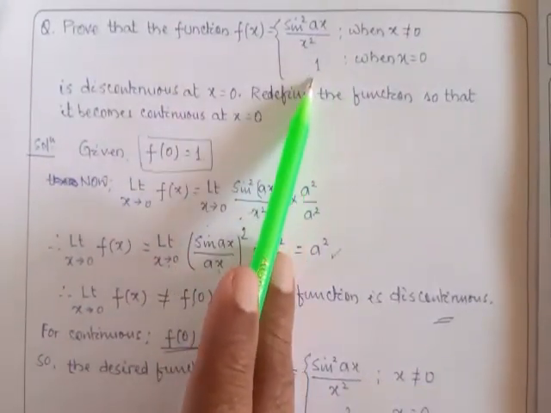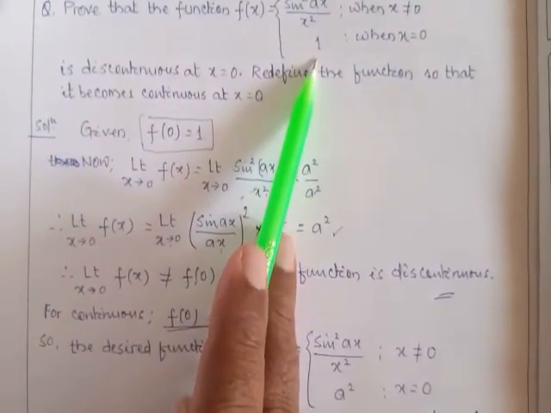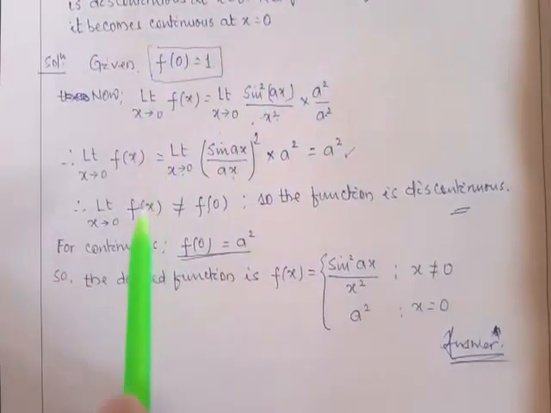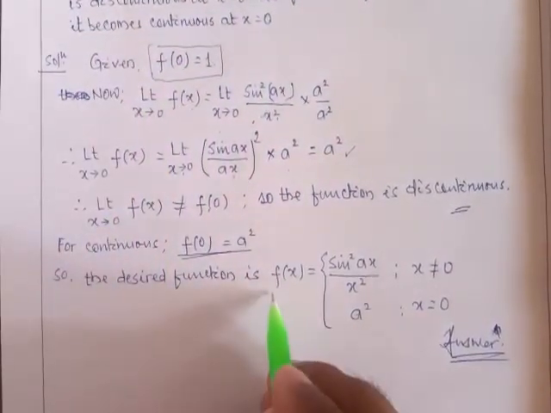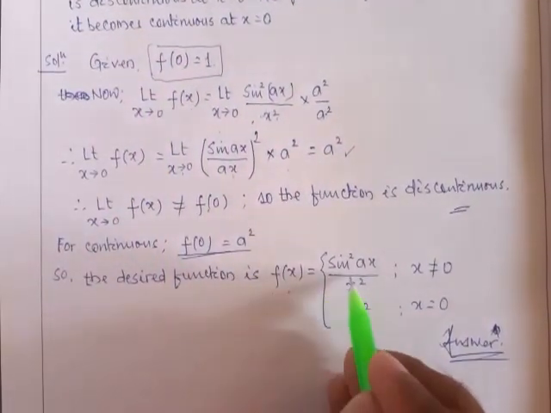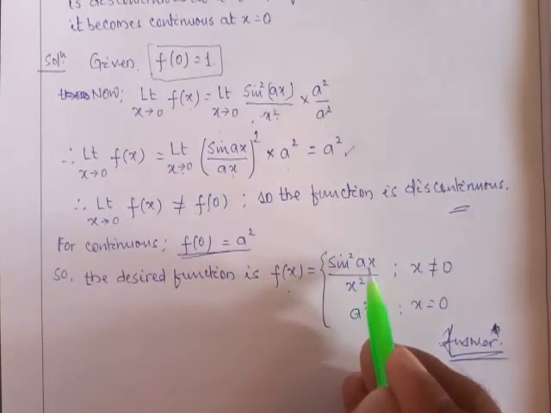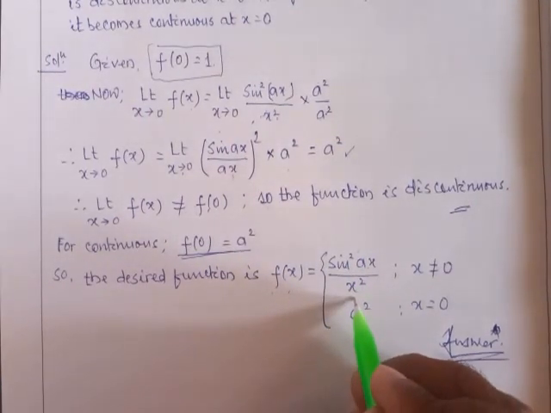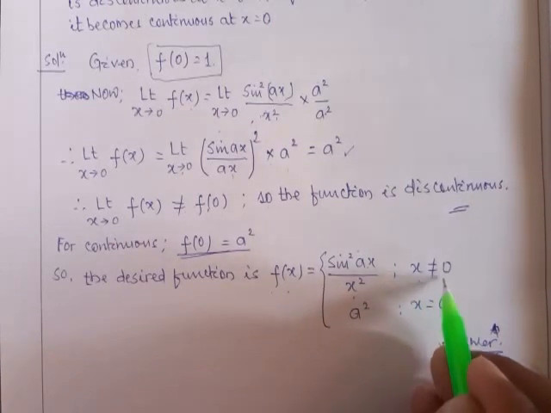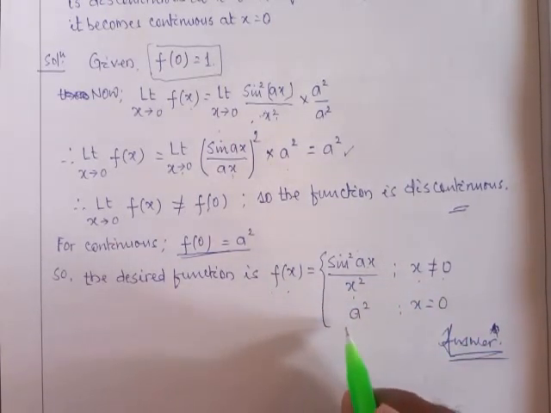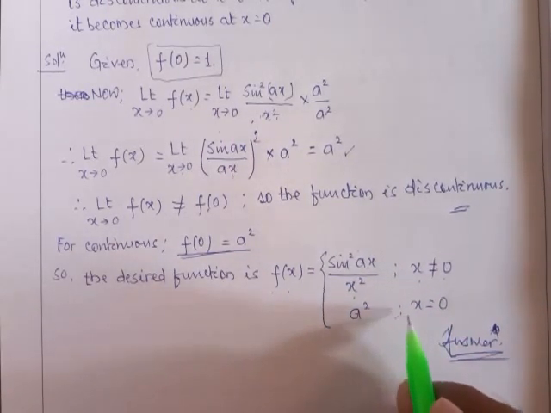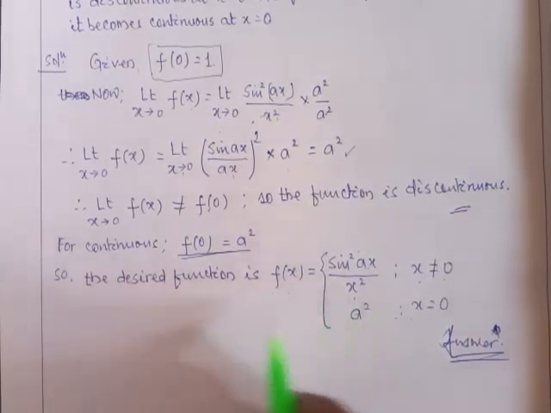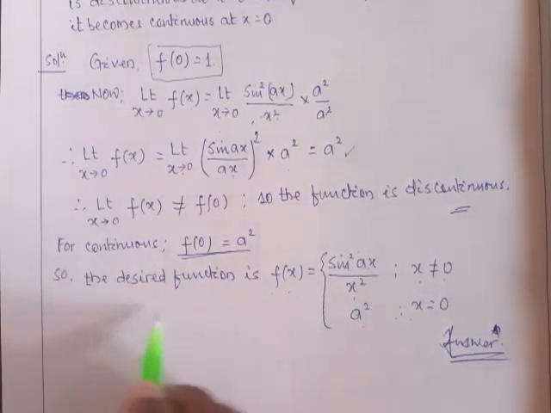So the desired function now is f(x) = sin²(ax) upon x² when x is not equal to 0, and f(x) = a² when x is 0. This function will always be a continuous function.